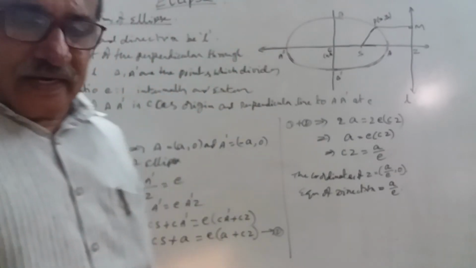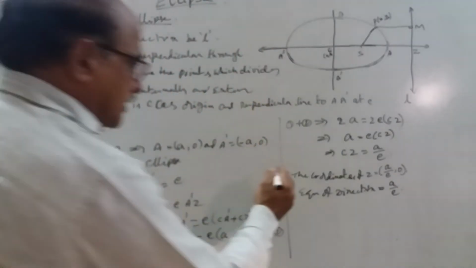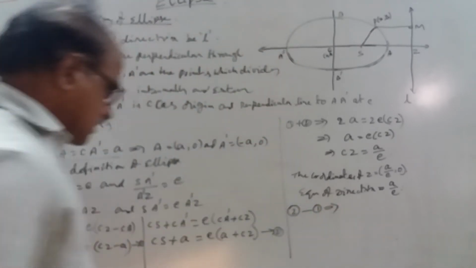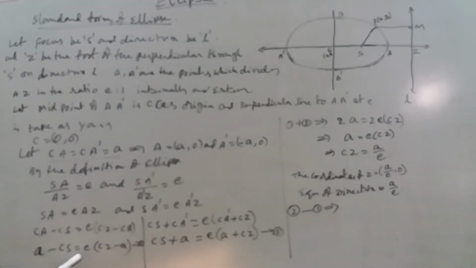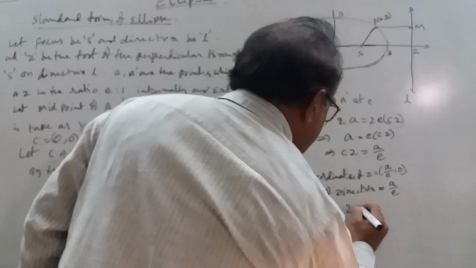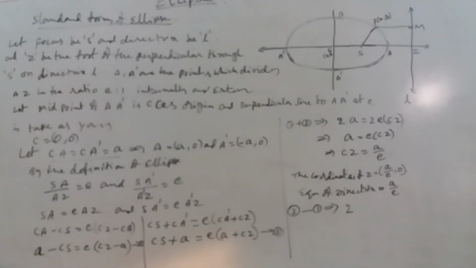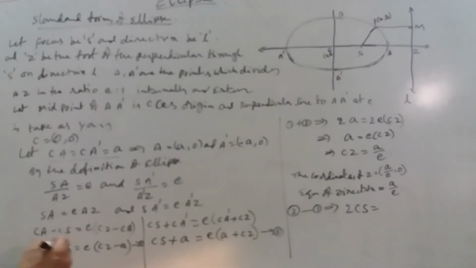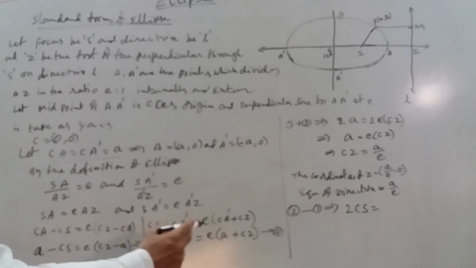In this way, if we take equation 2 minus equation 1, what is equation 2? This much. This is equation 1. Taking 2 minus 1, on the left side, CS plus a minus, minus a will become plus CS minus a. The a's get cancelled. That means 2CS. On the right side, e into a plus CZ.